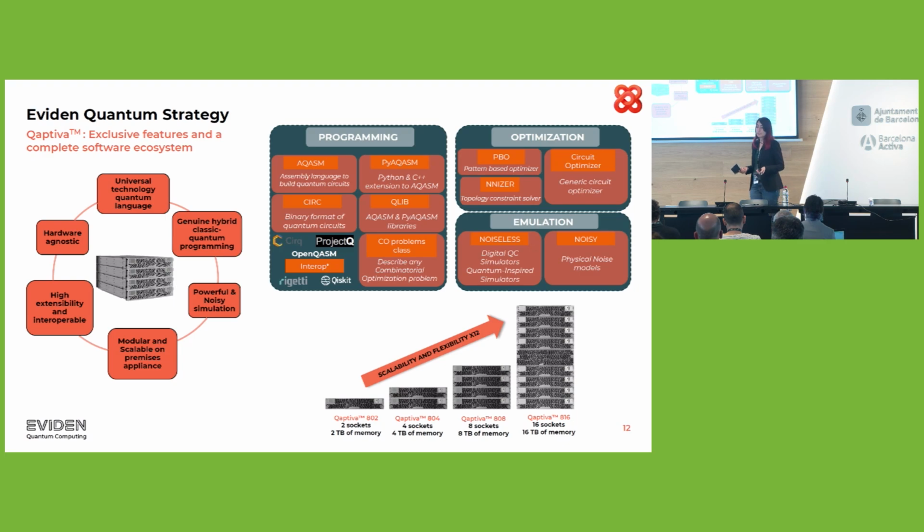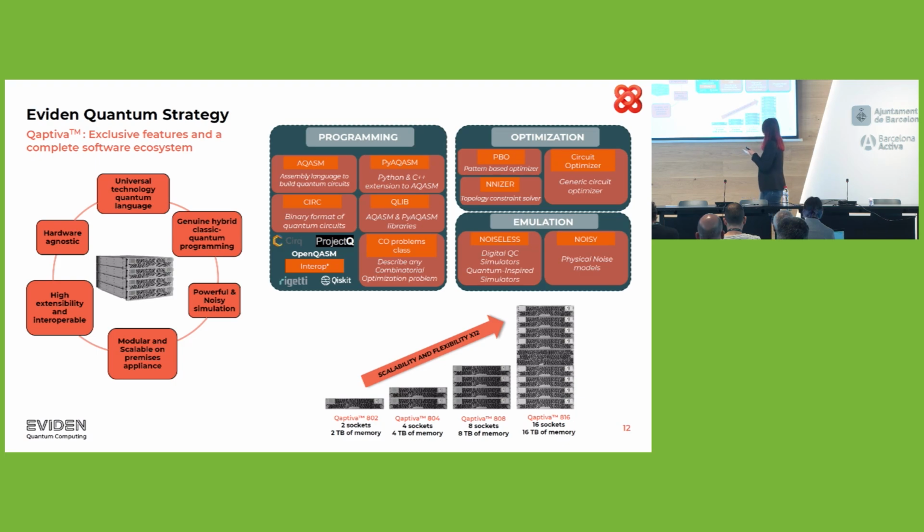From a hardware perspective, we advocate for a universal, agnostic, interoperable quantum language that allows simulation with and without noise, and a powerful emulation that allows the inclusion of GPUs, accelerators up to 12, for the speed up, in a scalable and modular appliance.